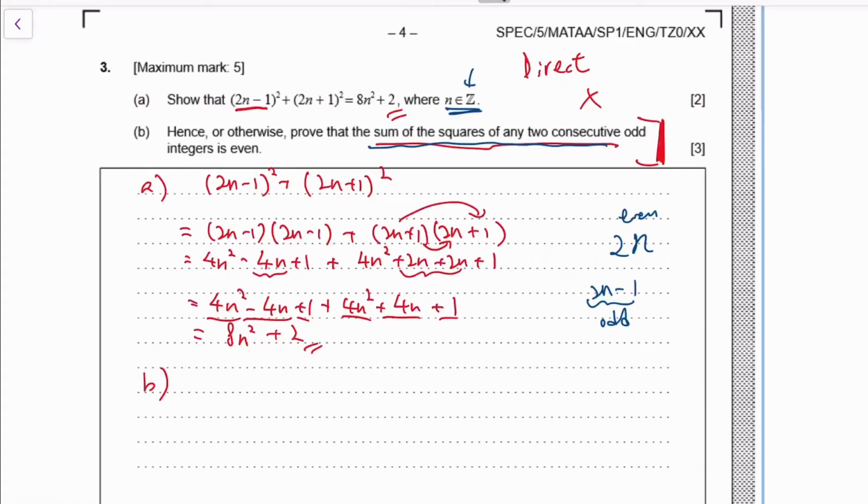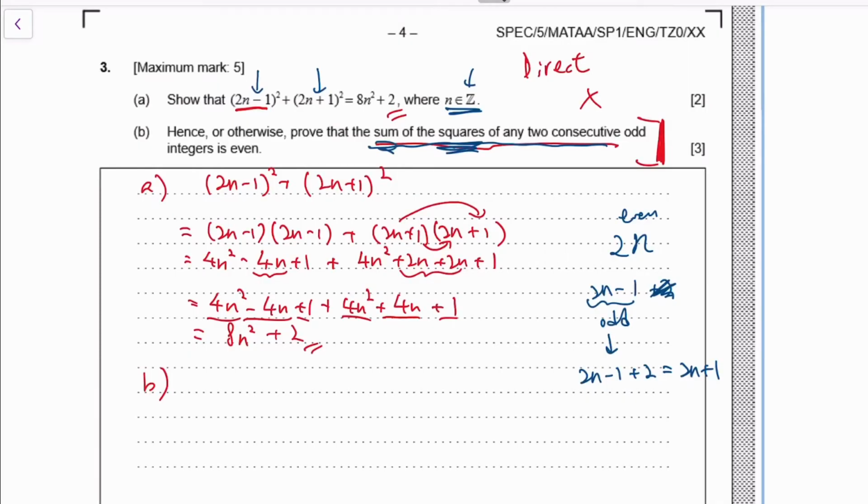If you already have an odd number, what's the next odd number? Well, the answer is you add 2 to it, right? That would give you the next odd number. So the next odd number is 2n minus 1 plus 2. But minus 1 plus 2 is 2n plus 1, okay? So this is exactly two consecutive odd numbers. And you square them and you add them up, okay?